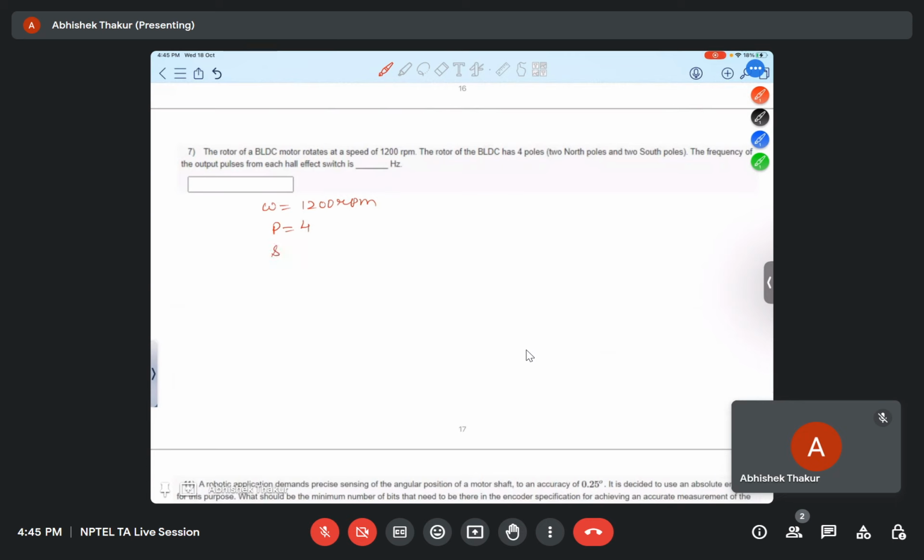So the speed of rotation is equal to 120 into frequency by poles. So we have to find frequency, that is equal to P into omega divided by 120, that is equal to 4 into 1200 by 120. So this is equal to 40. So question 7 answer was 40 hertz.